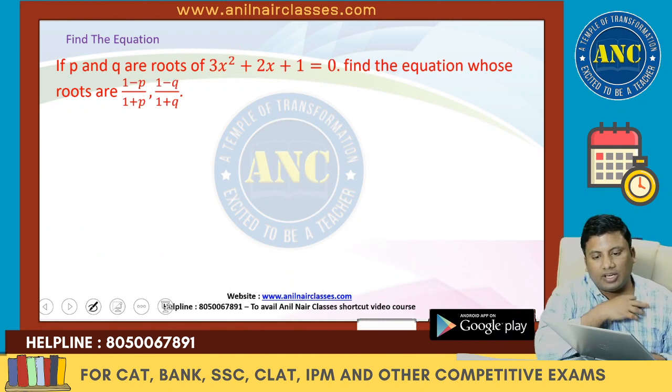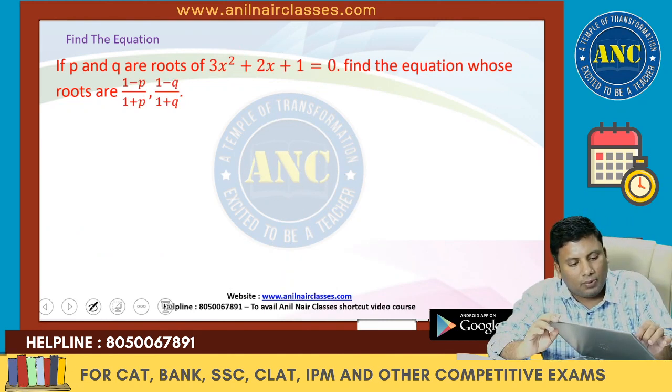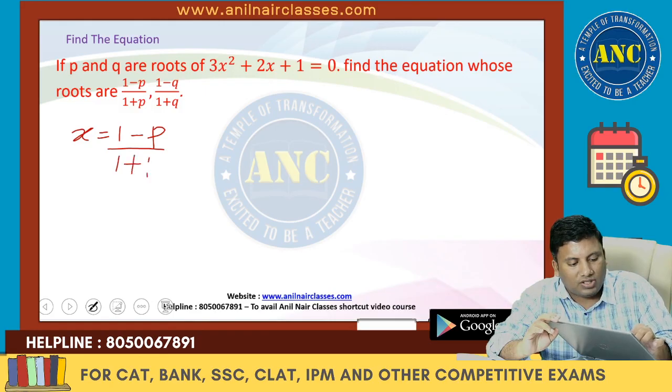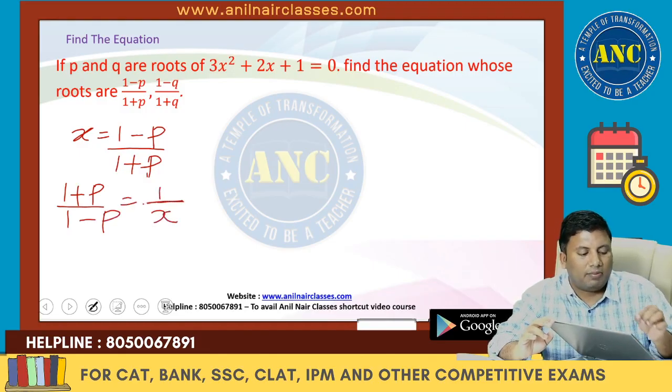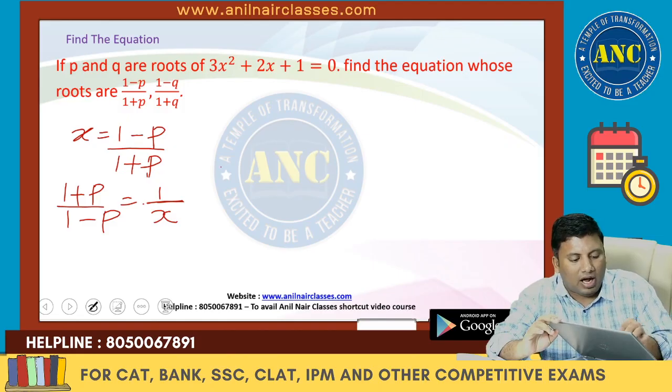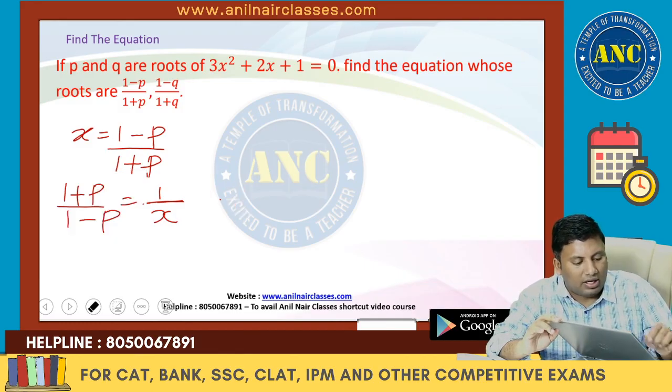Very, very good, sir. So what do I have to substitute? Suppose x is nothing but (1 minus p) by (1 plus p). So (1 plus p) by (1 minus p) is nothing but 1 by x. If I apply componendo and dividendo, or you don't need it, we will directly cross multiply.